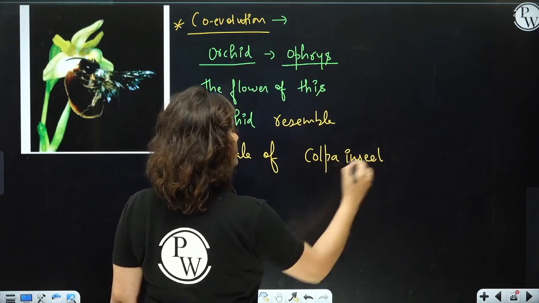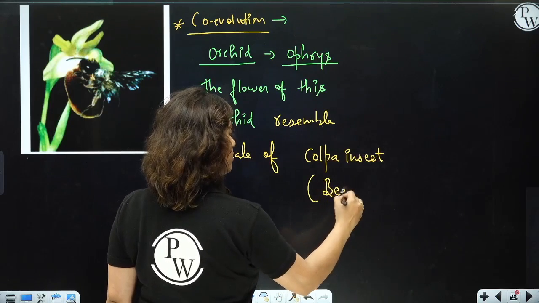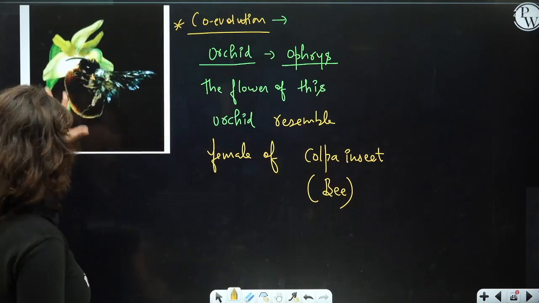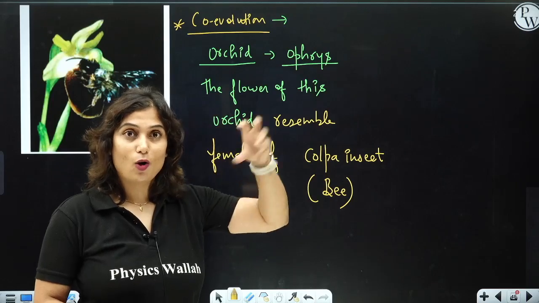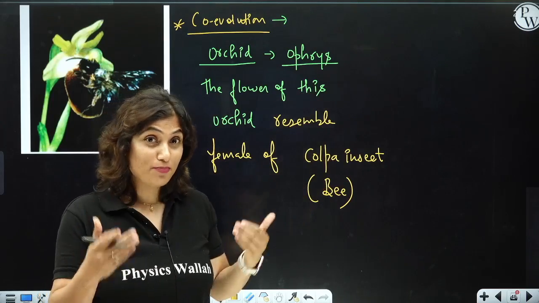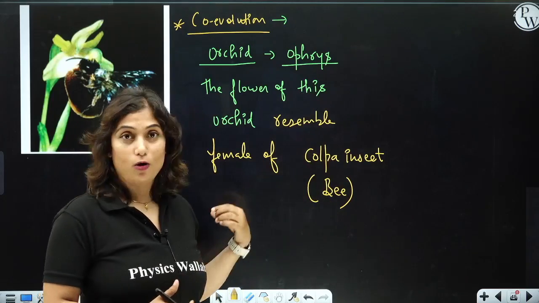Colpa insect is a type of bee, right? So this is the orchid plant. The flower of this orchid plant resembles the female of the Colpa insect.